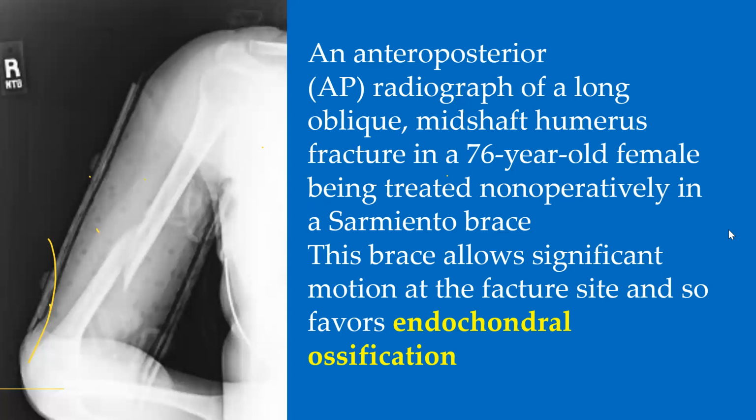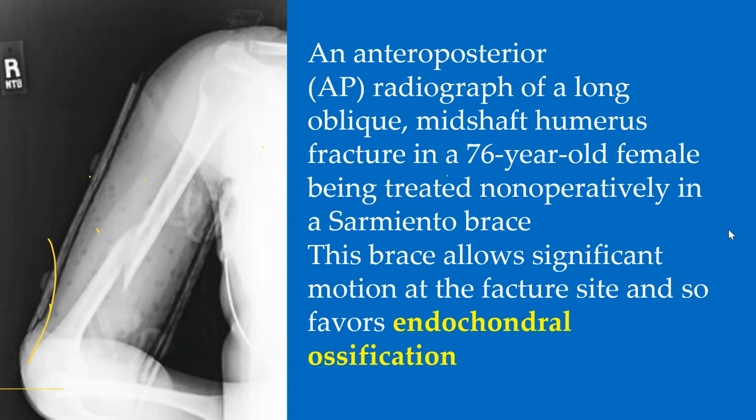What I mean by Sarmiento is two splints applied on the fracture site. We usually apply it around 2 to 3 weeks after the fracture, and we wait for it to heal. This brace allows significant motion at the fracture site, and this favors endochondral ossification.